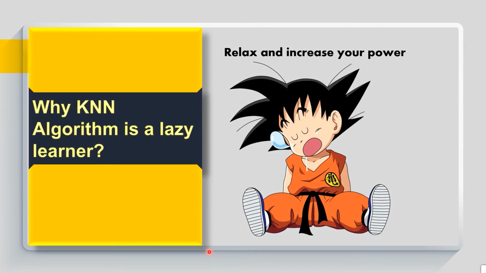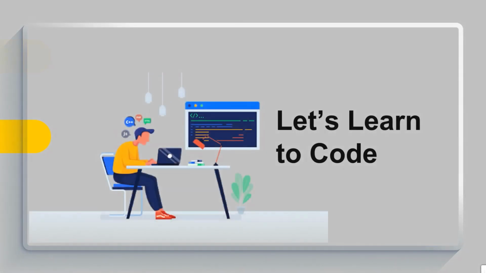What it does is memorize the training data. There is no learning phase of the model, and all of the work happens at the time your prediction is requested. So there is a reason why KNN is often referred to as a lazy learning algorithm. So this was all about the theoretical session. Now let's move on to the coding part.